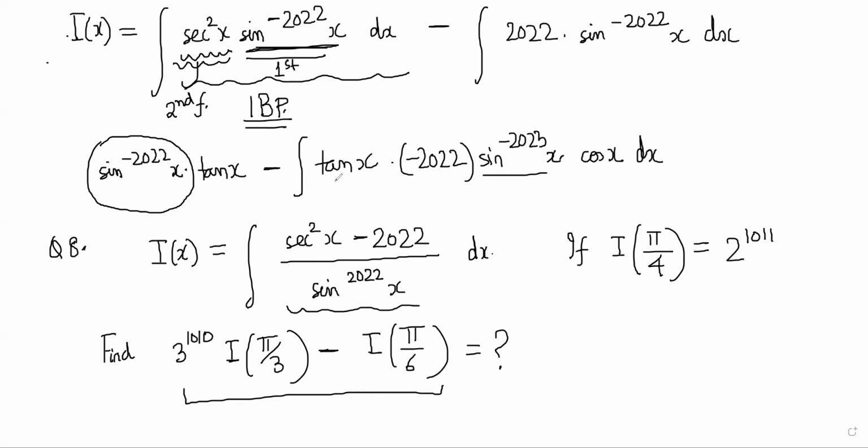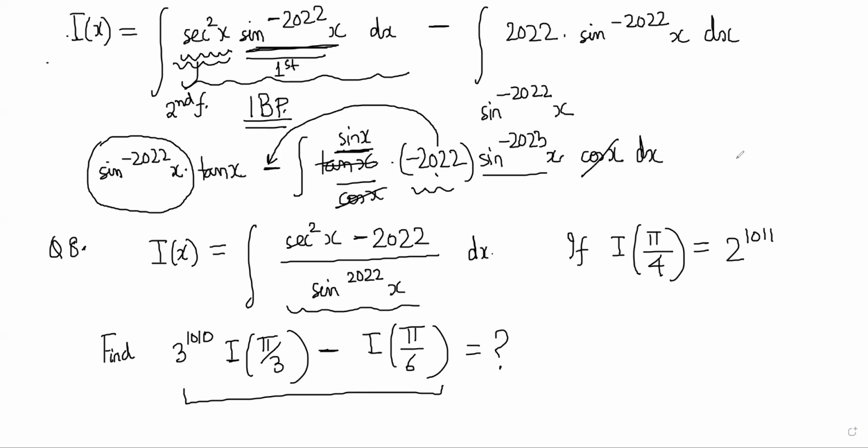So now simplify this a little bit. Think about this. This is sin x by cos x. So cos x will get cancelled, and one sin x will get added here. So this will become sin power minus 2022, right? And this is going to be a plus 2022 when 2022 goes outside minus, right? Yes, sir.